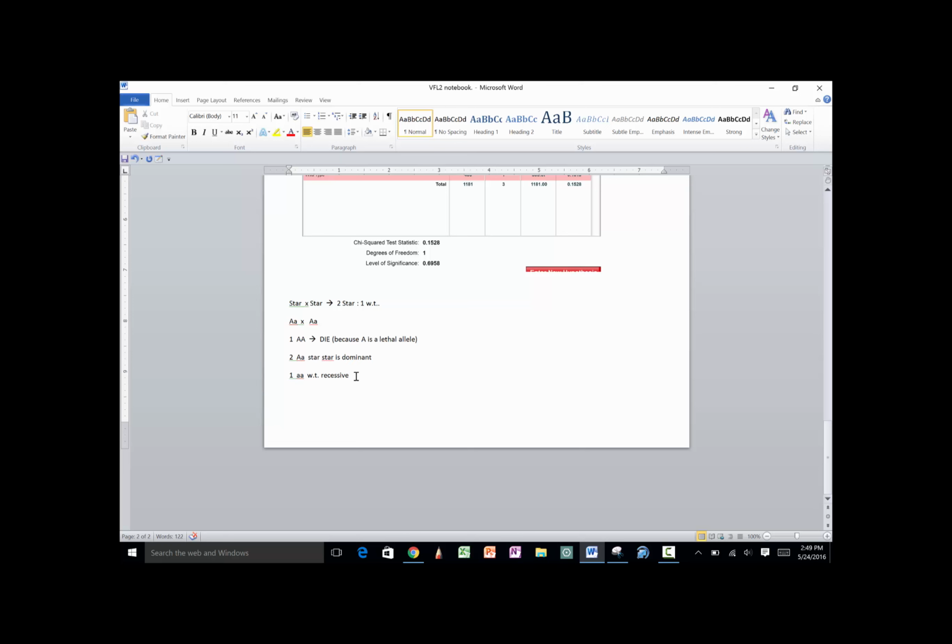So our next cross, this is where it's important to do the prediction ahead of time. Our next cross is going to be star crossed to ebony, because that was our other thing. You are welcome to do star ebony crossed to wild type, and that would give you the same thing. But we'll do star crossed to ebony.